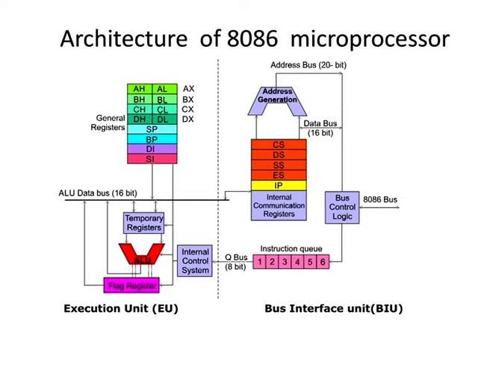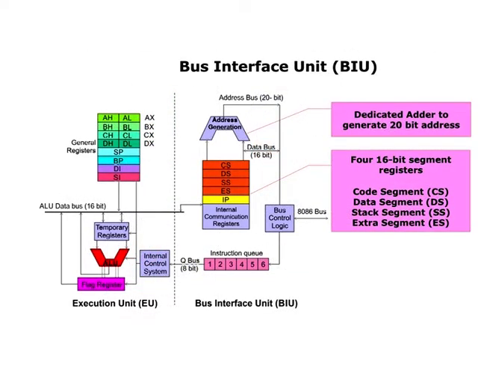Now first let us discuss the segment registers. The segment registers are nothing but 16-bit registers which are actually used for calculating the 20-bit address for the microprocessor. Actually the segments are logical segments. The memory is not segmented, but it is logically segmented.